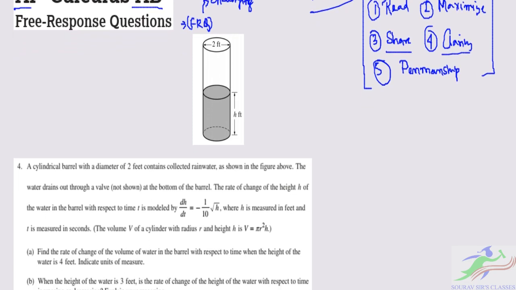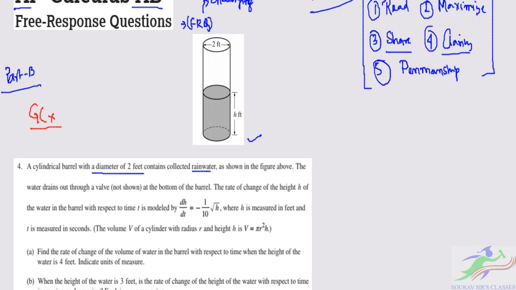Here you see there is a question from part B, where the graphing calculator is not allowed. A cylindrical barrel with a diameter of 2 feet contains collected rainwater as shown in the figure above. The water drains out through a valve, not shown, at the bottom of the barrel.